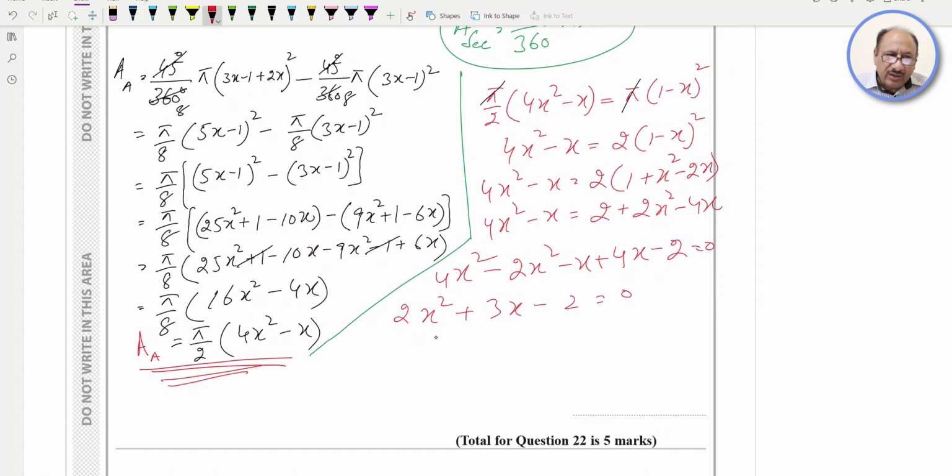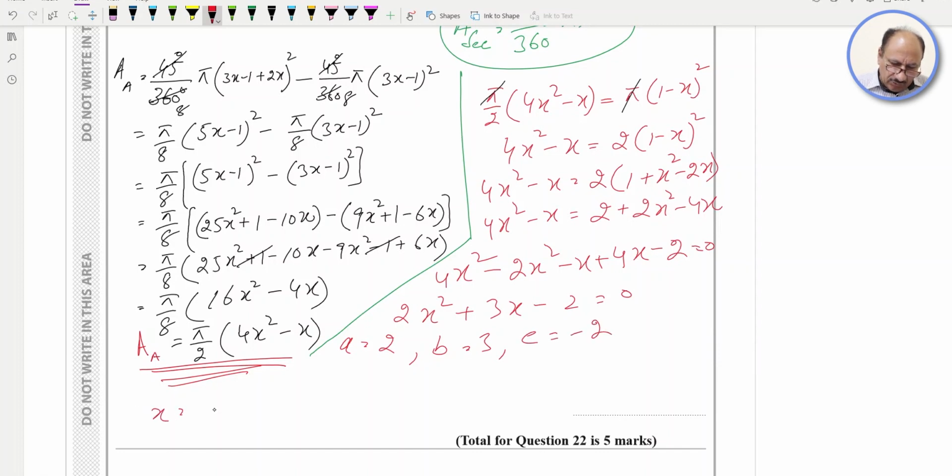We can factorize this, or basically apply the quadratic formula. Here a is equal to 2, b is equal to 3 and c is equal to minus 2.